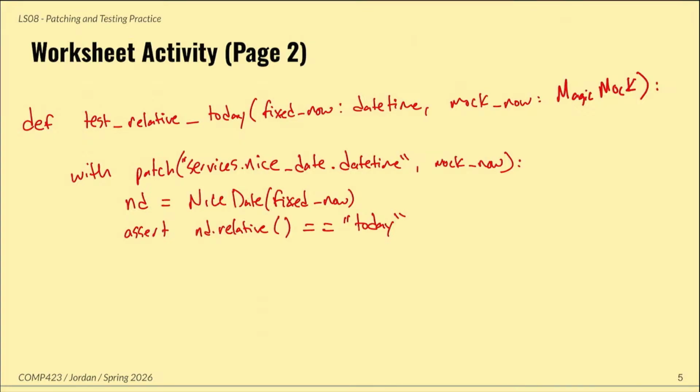Fully qualified names are an idea in many different places, but that's where the services.nicedate.datetime comes from. And that's the fully qualified name of the datetime object that we imported into that module on page 1, right?